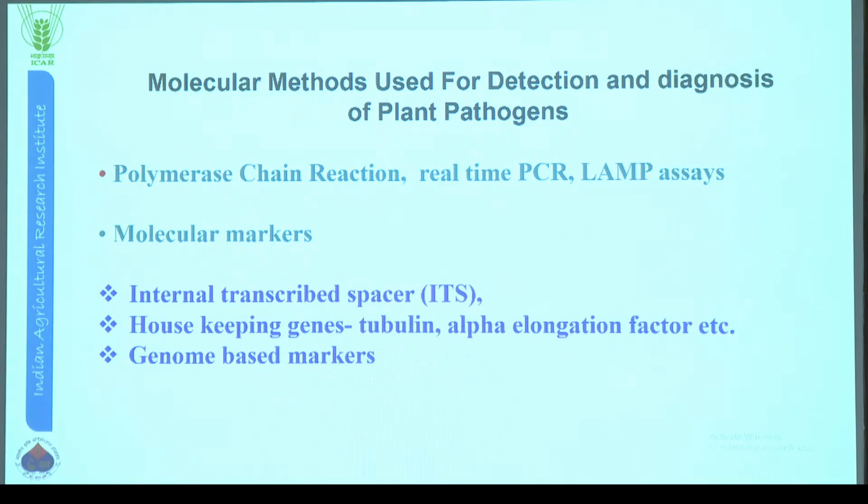So, based on ITS, housekeeping genes, which are commonly present in plants and fungi, like tubulin and elongation factor, and genome based markers. Nowadays in NCBI many genomes are available: Fusarium, Alternaria, Puccinia. You compare the whole genome, you blast, and you see whether any unique regions are there in a particular genome.